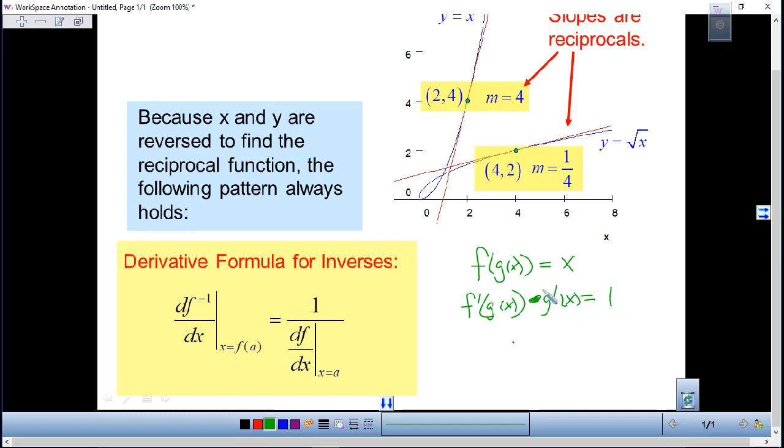So if I want to find the derivative of the inverse, well, it's right here. So all I got to do is get that all by itself, so I can divide by f prime of g of x. So g prime of x is equal to 1 over f prime of g of x. And that's how you would find it. That's the way that I actually work it out. And remember, I differentiate this each time I have to deal with the derivative of an inverse.